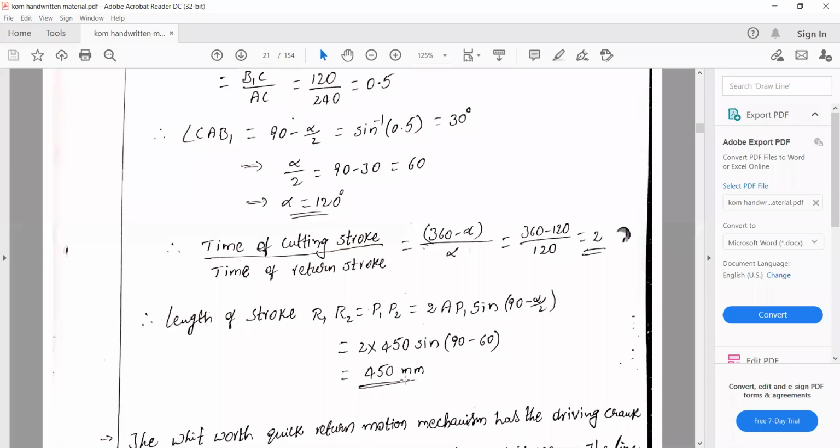Sometimes they may also give you such type of problems in our first chapter: how we find the ratio of the cutting stroke to the return stroke, and the ram travel or length of the stroke.